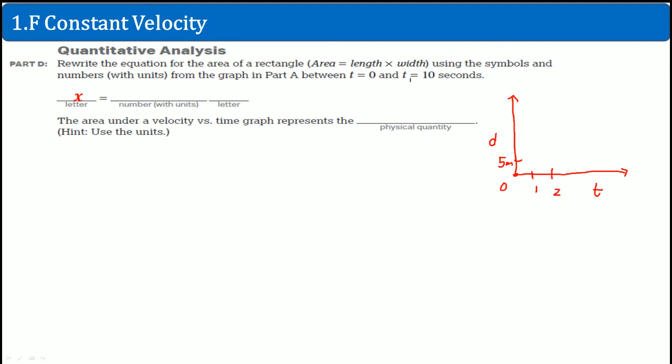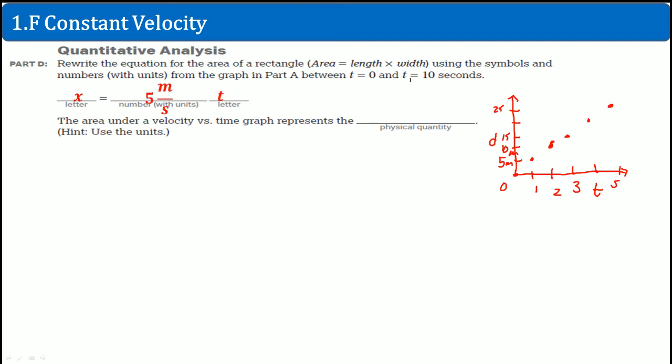At 2 seconds, it was at 10 meters. At 3 seconds, it was at 15. And at 4 and 5 seconds, 20 and 25. That's what it's saying. Okay?